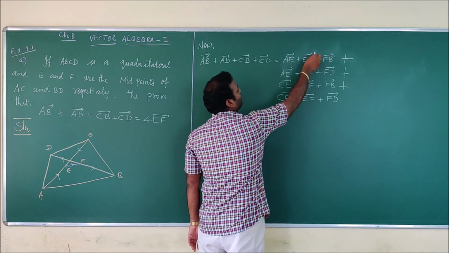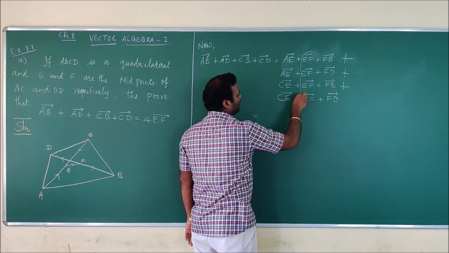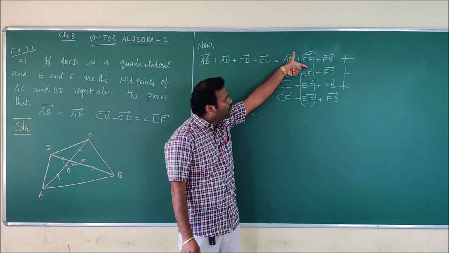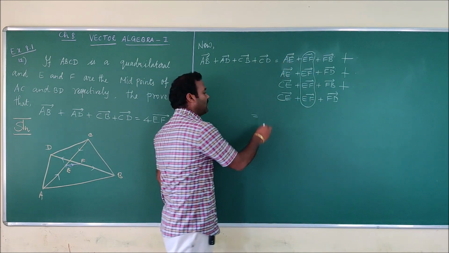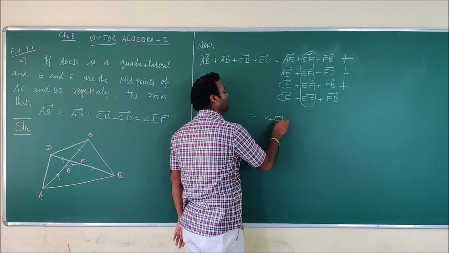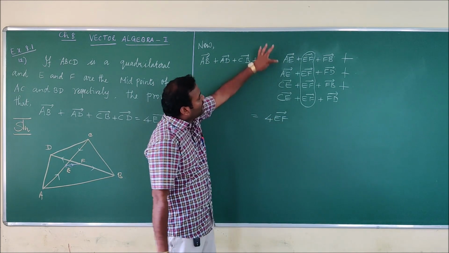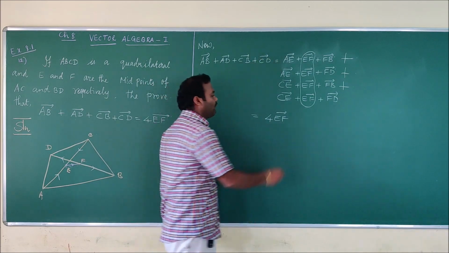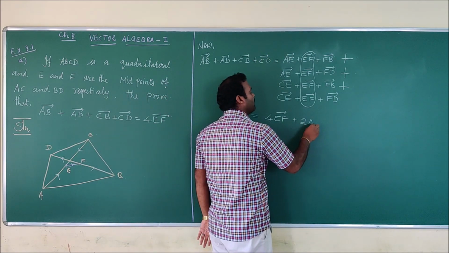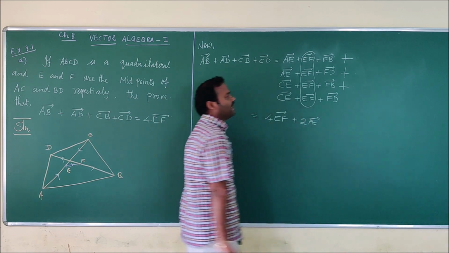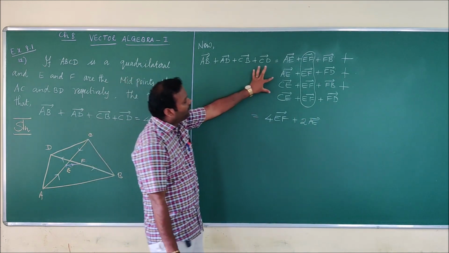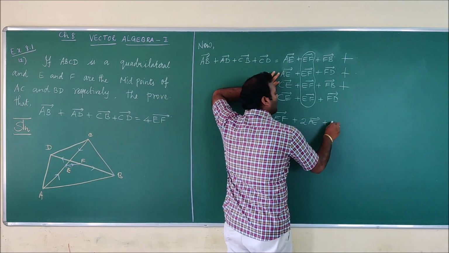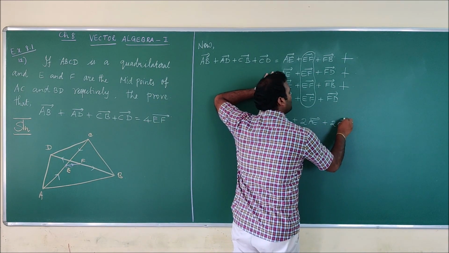When you are adding this, you observe that EF vector is in all the vectors, so adding 4 times EF vector gives 4 EF vector. Then AE vector plus AE vector is 2 times AE vector. Also CE vector plus CE vector is 2 times CE vector.